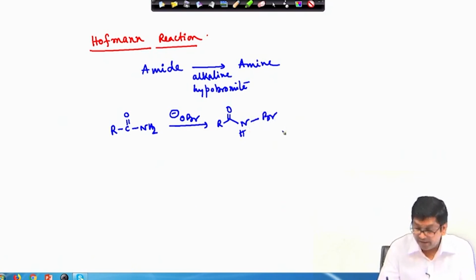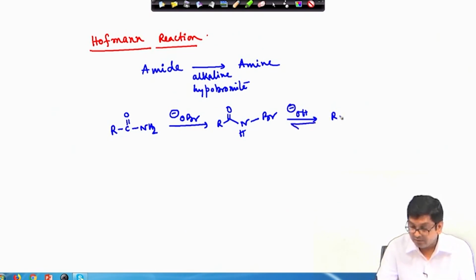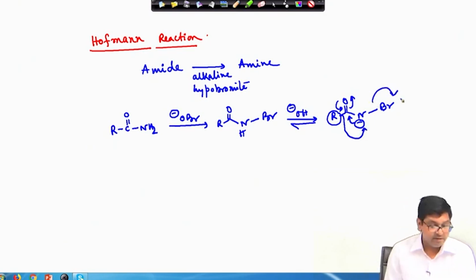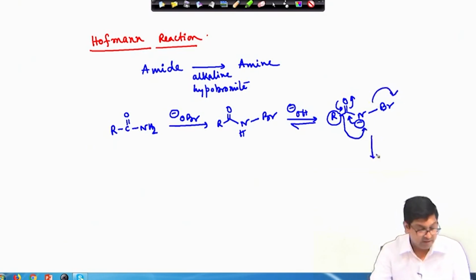this intermediate, and then in presence of base this will pick up another proton. Now, this 1,2 migration will happen and bromine will be liberated, and in this case again what you will get?